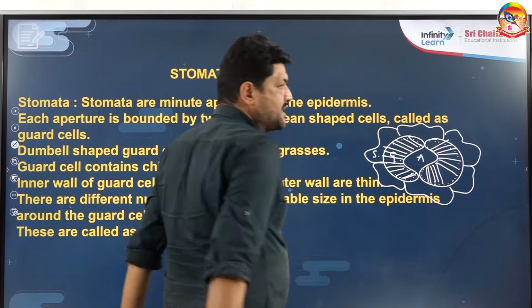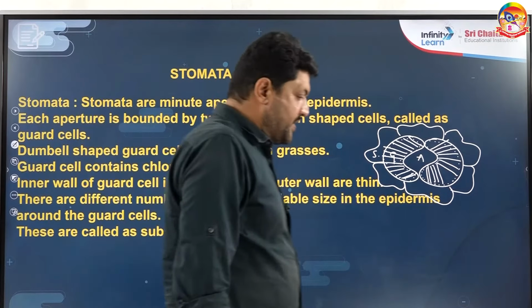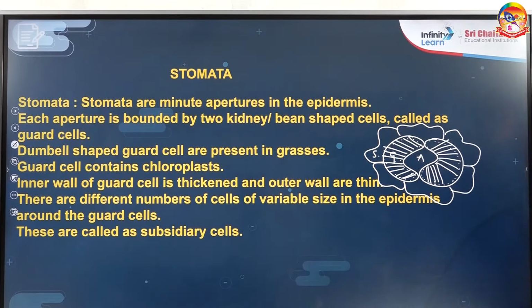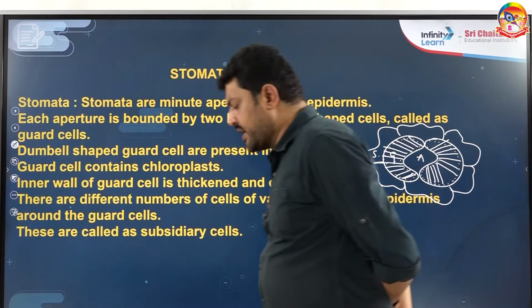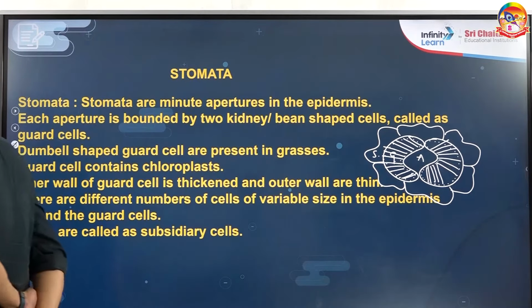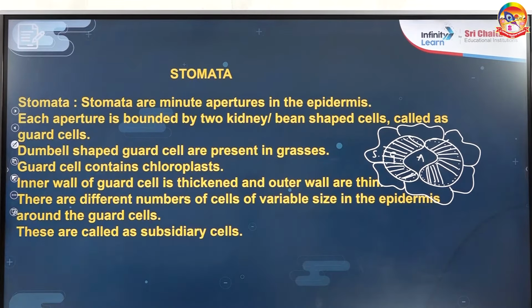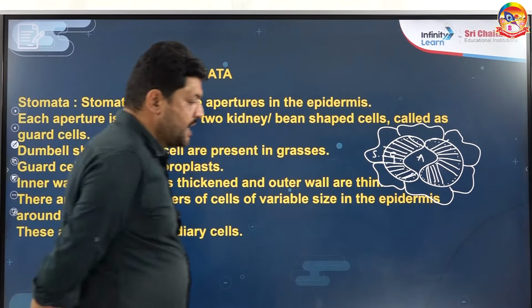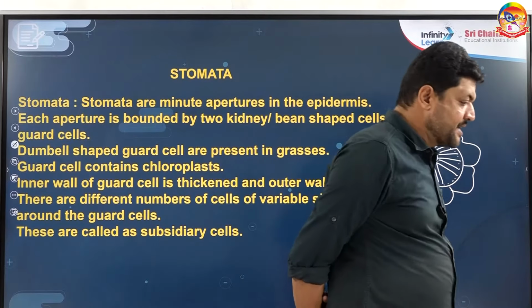The surrounding cells are subsidiary cells, and in the previous APMT questions here, there are 6 questions. First question, the shape of the guard cells in dicotyledon plants is kidney shaped or bean shaped or reniform. Second question, the shape of the guard cells in monocots is dumbbell shaped.